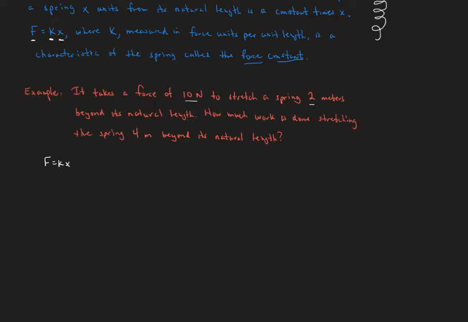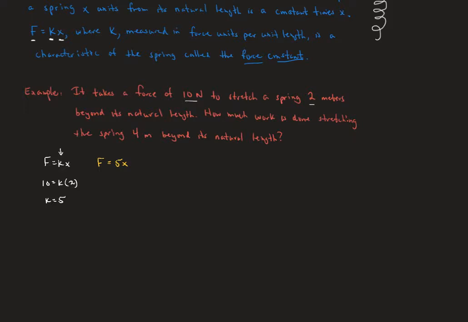So that's going to allow us to solve for that force constant K. So 10 is going to be equal to K times 2. So that means our force constant in this case is 5. So that makes our force equation now look like F equals 5x.